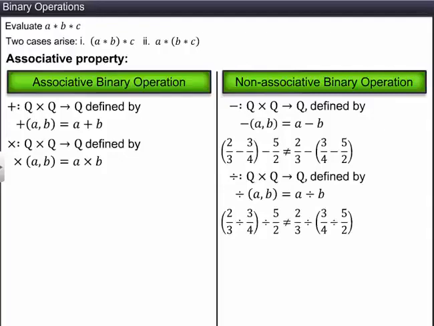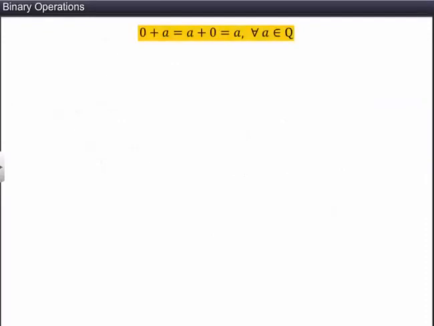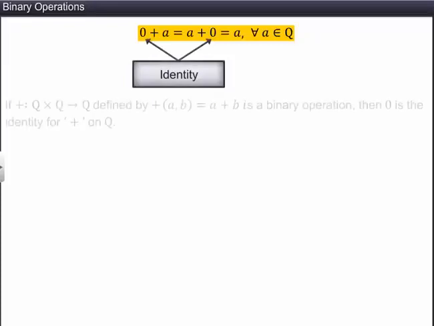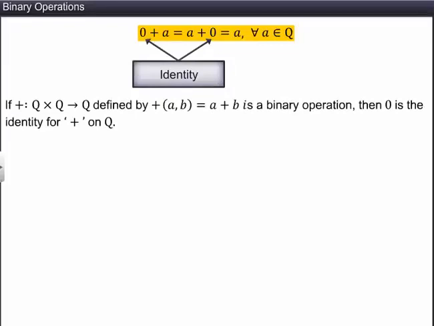Now, let us learn something more interesting. On adding 0 to any rational number a, we get a. Hence, 0 is the identity for the addition operation for the set of rational numbers. If we define a binary operation addition on the set of rational numbers, then 0 is the identity for addition for set Q of rational numbers.